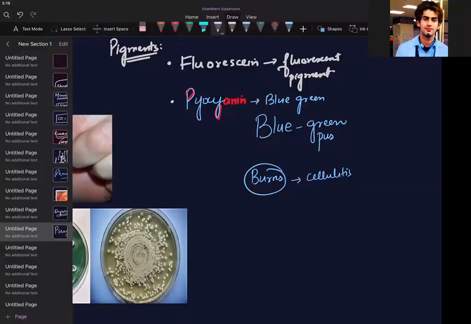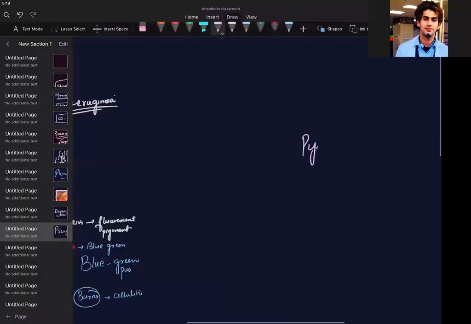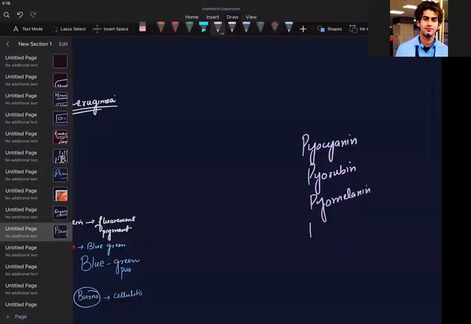In general, Pseudomonas can have pigments such as pyocyanin, pyorubin, pyomelanin, and pyoverdin.